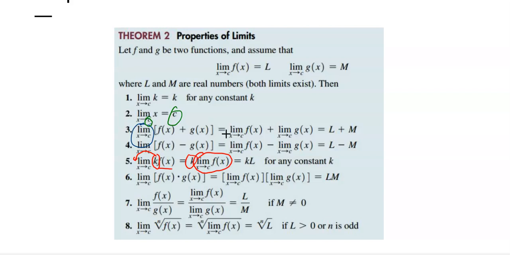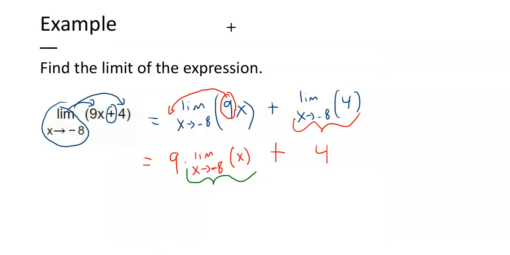So whatever value x is approaching, that's what the limit's going to equal if all you have is x in the limit. And that's exactly what we're dealing with here. The value that x is approaching is negative 8, and so this is just going to equal negative 8.